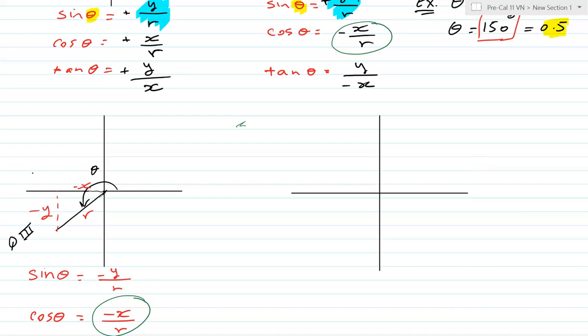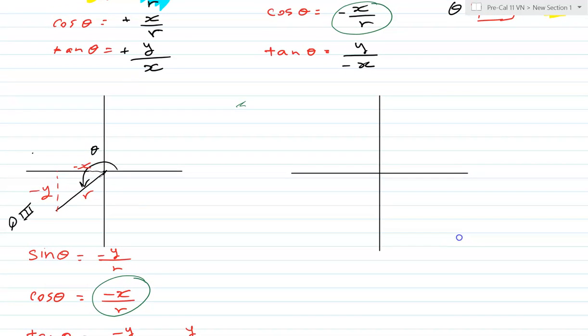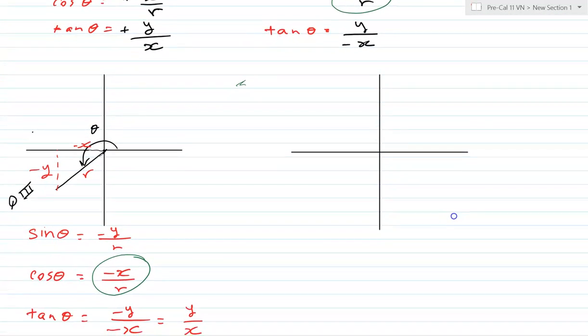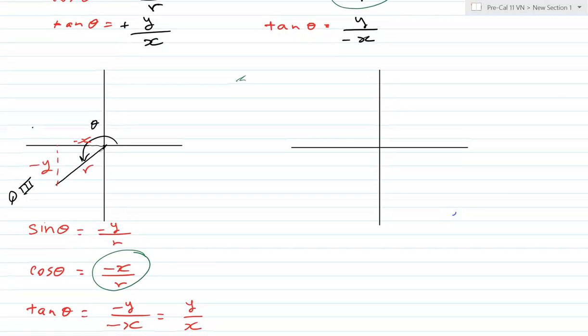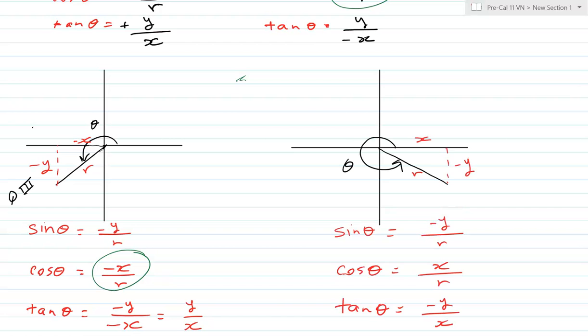All right, so we're going to do the same thing in quadrant 4 now and see what's happening with that. We're going to write the ratios for all, and then we're going to basically do a summary of all of them. All right, in quadrant 4, we have these ratios based on that triangle that we have. Notice again, here's the catch.